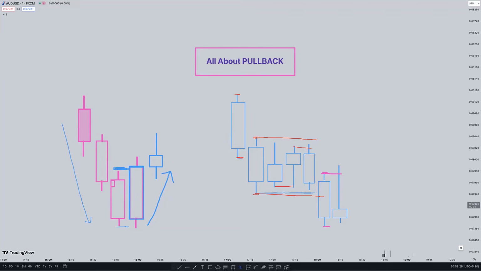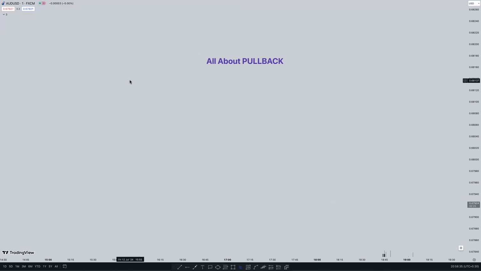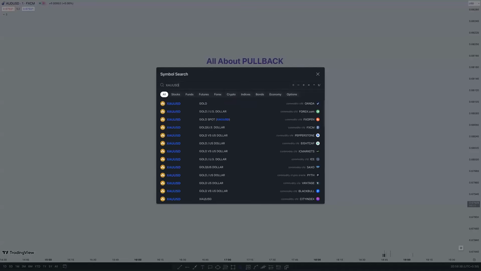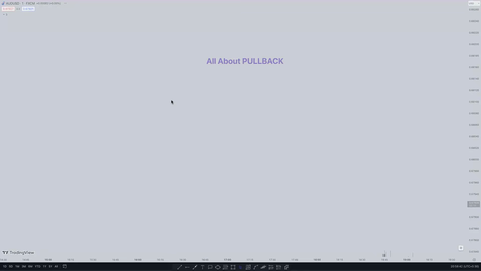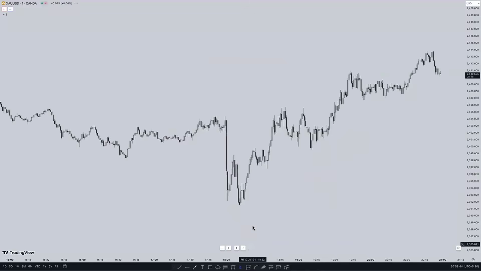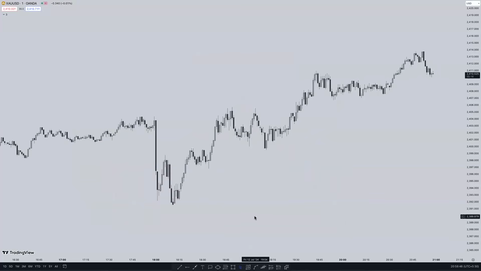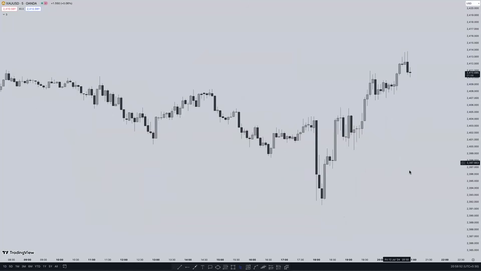No worry, it's not about the pair. We can use any pair. Let's switch to a real time chart, gold, and we can use any time frame, like 2 minute, 3 minute, 5 minute, or even 15 minute. It's up to you.